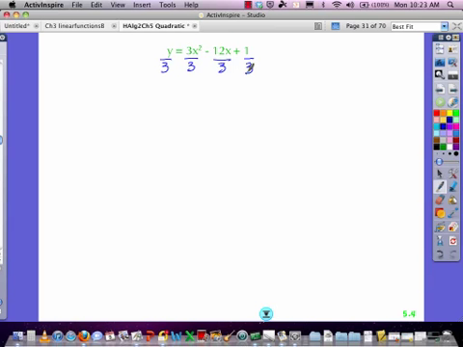So we will rewrite it with y over 3 equals, we have an x squared, a minus 4x, and a plus 1/3. This is where we now want to isolate that right-hand side and give us that trinomial. So that means the 1/3 constant must come over. It'll come over as a subtract 1/3. Add the y over 3 to it.